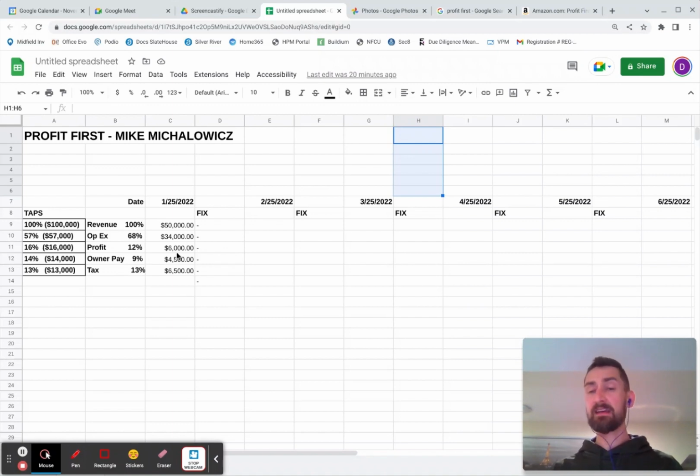And the last thing, if you start getting a little bit more advanced, I didn't want to do it on here because it's more complicated. I have profit for the business, and then I added a column to this for our Vanguard investment fund. So if you want to put some funds into an index fund or something like that, that's sitting there.